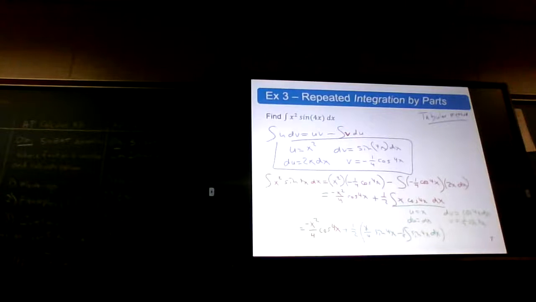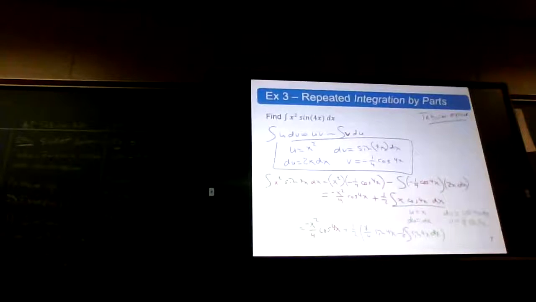So I think the integral of sine 4x would be negative 1/4 cosine 4x, agreed? So that means we've got a 1/2 times a negative 1/4. I hope I don't screw this up. And I think I said it'd be a negative 1/4 again of cosine 4x. Did I say that kind of correctly?